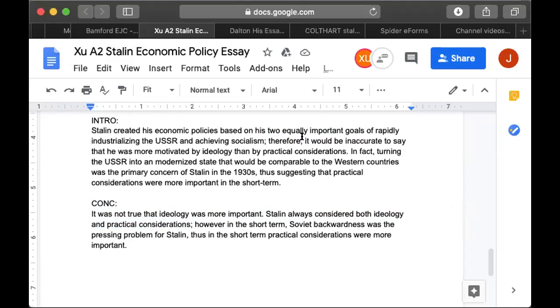Second thing, the introduction makes the point that practical considerations were more important in the short term. Do we find that same argument reappearing in the conclusion? It says, "However, in the short term, Soviet backwardness was the more pressing problem, and thus in the short term, practical considerations were more important."